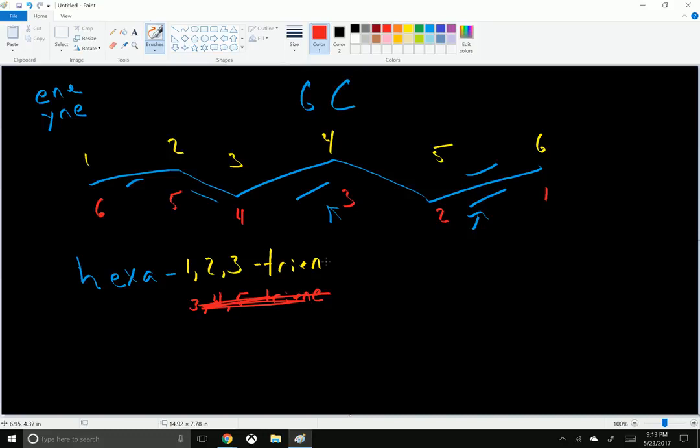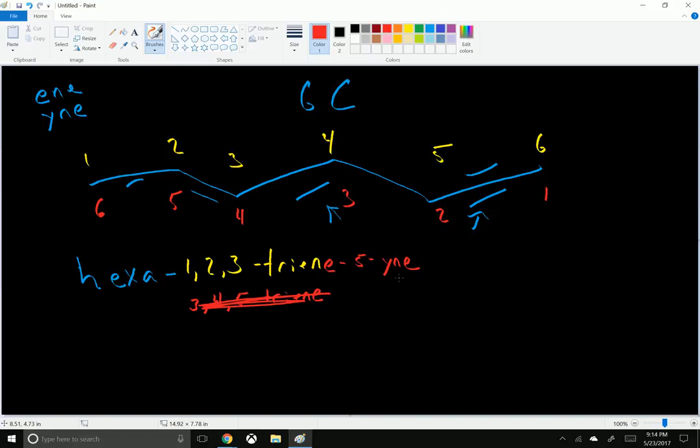I should not try to think on the go with these. I'm going to leave the E on there, and hopefully I won't have to correct myself. But then 5-yne. All right. So this is a hexa-1,2,3-triene-5-yne.